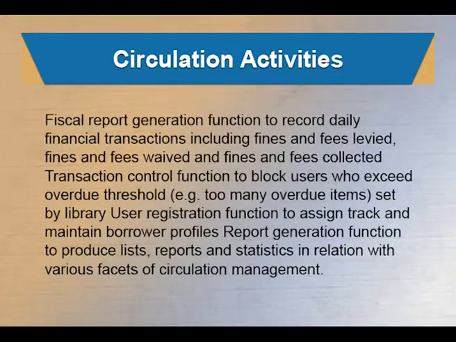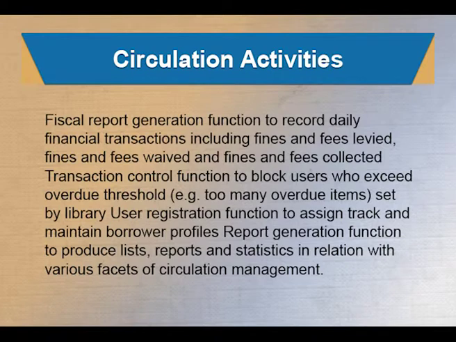Now fiscal report generation is another important activity for circulation. It is basically related to recording daily financial transactions, including fines and fees levied, fines and fees waived, and fines and fees collected. Transaction control function is sometimes also used to block a user who exceeds the overdue threshold, that means too many overdue items or too many fines generated by a particular borrower.